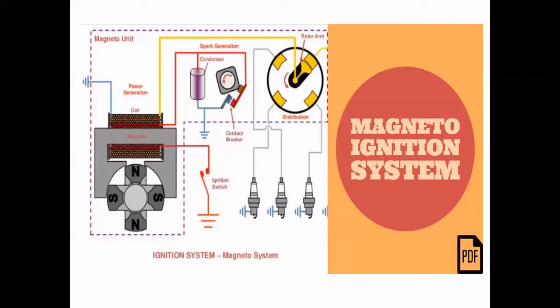Again, just concentrate: in the magnet rotating type magneto, the armature is stationary and the magnets are rotating around the armature.